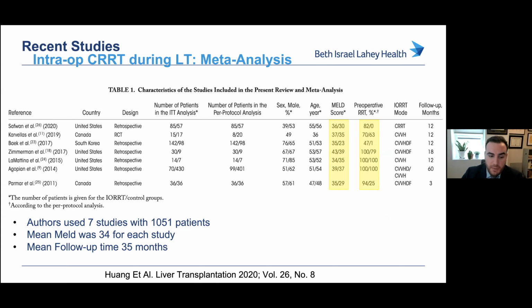I wanted to point out the MELD scores for those patients, in the highlighted yellow area of the slide. The MELD scores in these retrospective studies were much higher for the group that received intraoperative CRRT than for the patients that didn't.